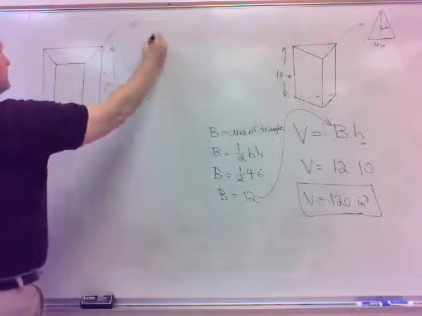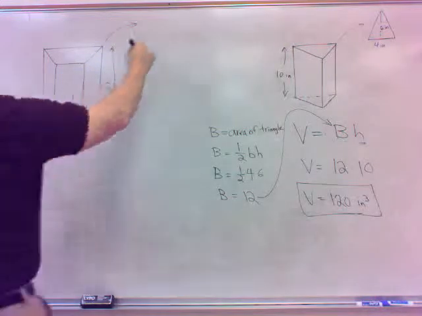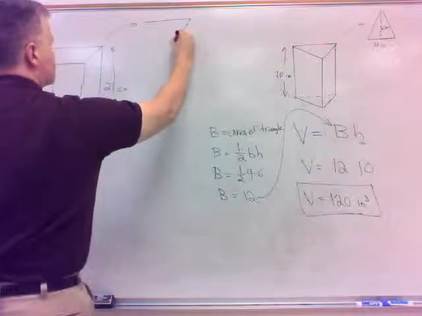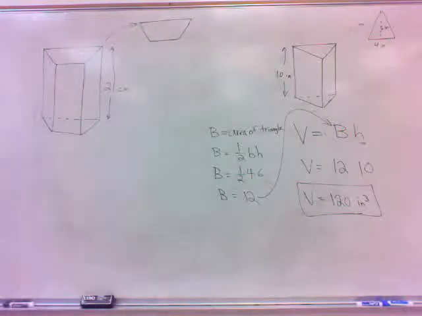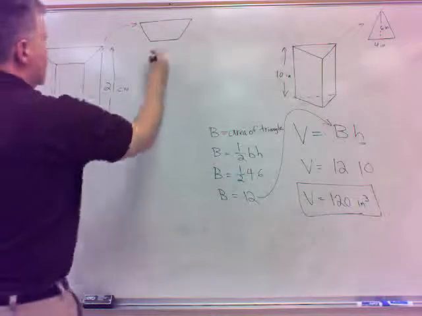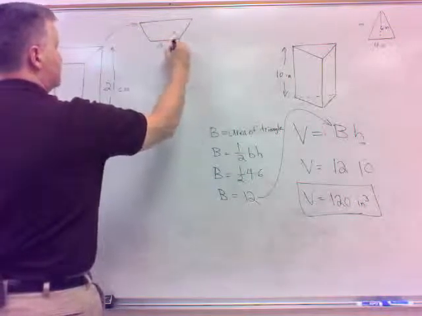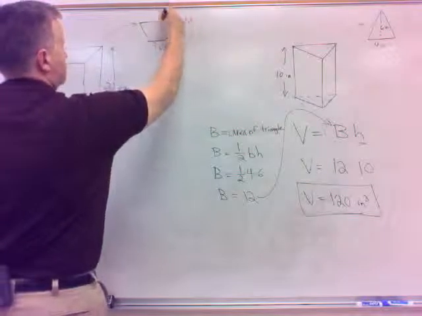Okay. Now let's do the same thing here. Let's get the top view. The top view, if I just looked at the top of that, it is a trapezoid. And let's say the trapezoid, oh, this length here is 9 centimeters. That length there is 12 centimeters.